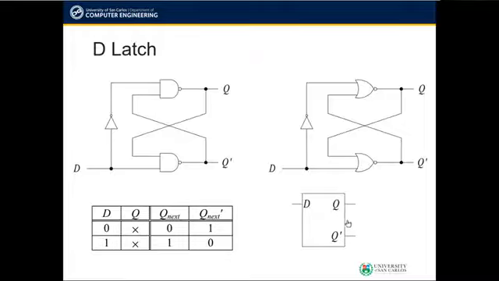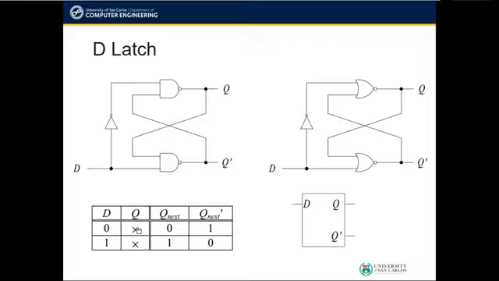Let's try to see how the D latch behaves using this truth table. You will see that when the input D is 0, the next value of Q is 0, regardless of its present value. So what that means is, if Q is 0, its next value will remain 0.